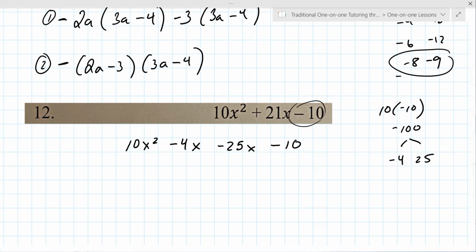Okay, let's finish up this problem here. You've got to find the factors of 10x squared and minus 4x, the GCF of those two.